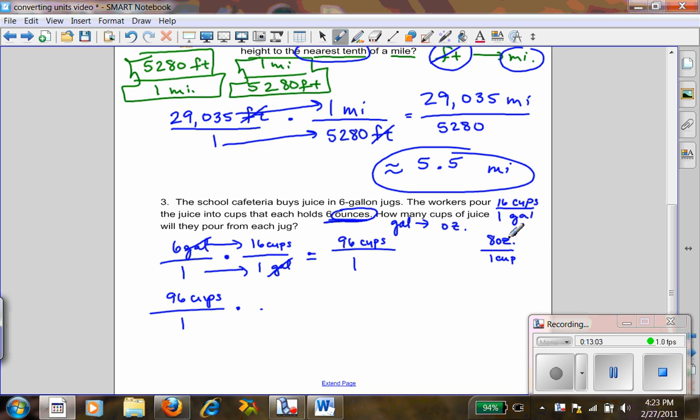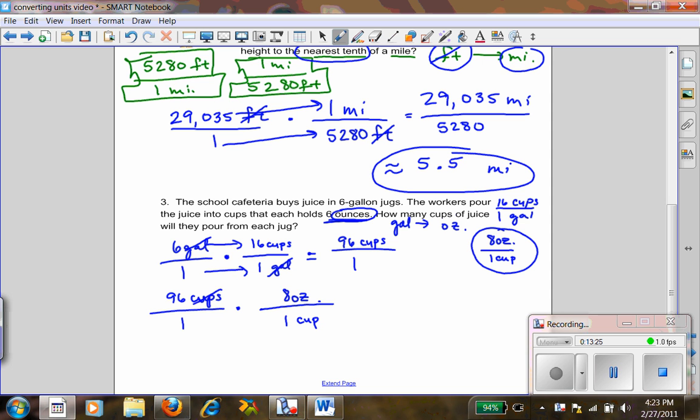So should I multiply by 8 ounces over 1 cup or 1 cup over 8 ounces? Remember, my goal here is to get rid of cups and be left with ounces. So if cups are on the top and I want to get rid of them, I need to put it on the bottom. And then this is 8 ounces.